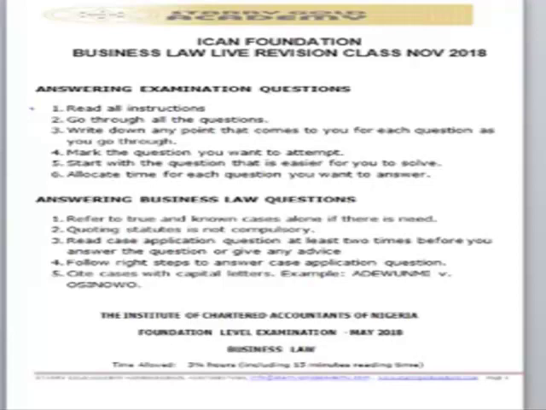Number three is to write down any point that comes to you for each question as you go through. As you are going through the questions, whatever comes to your mind, jot it down, so that by the time you want to answer that question, you don't forget. Sometimes people may have points or answers to a particular question, and by the time they decide to handle that question, they may not remember what came to their mind before.